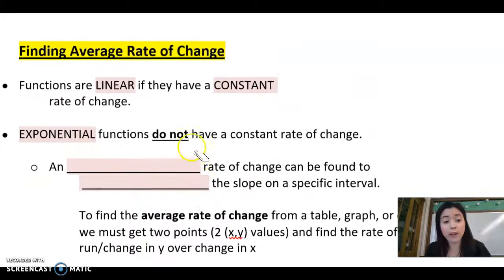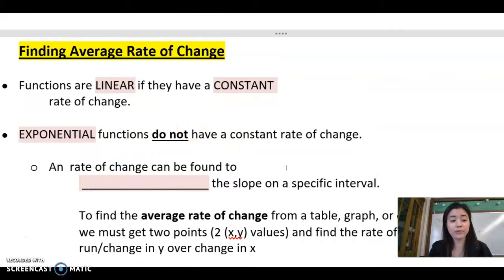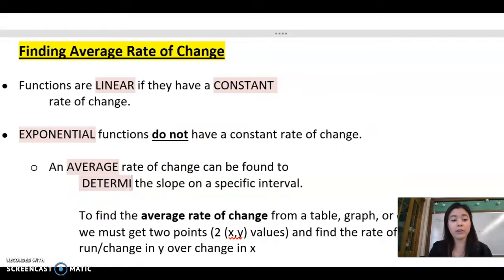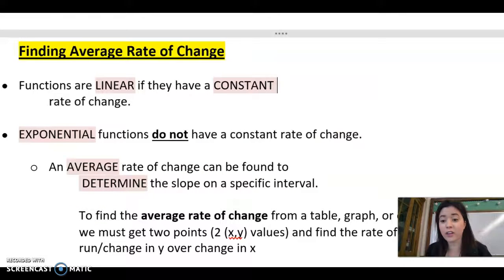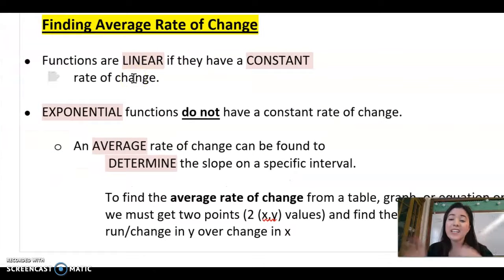So what we have to do is we have to find an average rate of change to determine the slope on specific intervals. So we're finding an average and estimating it. It's on a slight curve, so it's not the exact, but it's close enough.